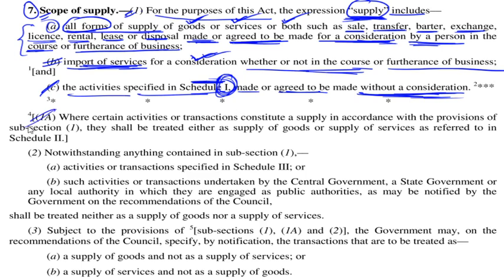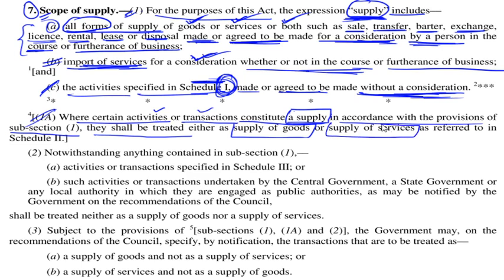Now subsection 1A. Where certain activities or transactions constitute a supply in accordance with the provision of subsection 1, they shall be treated either as supply of goods or supply of services referred to in Schedule 2.